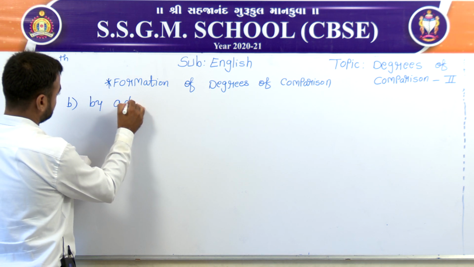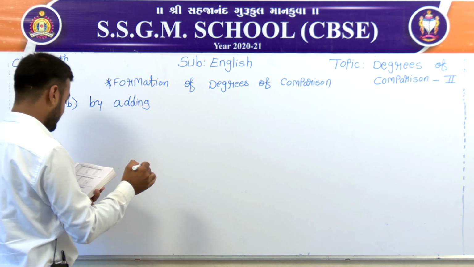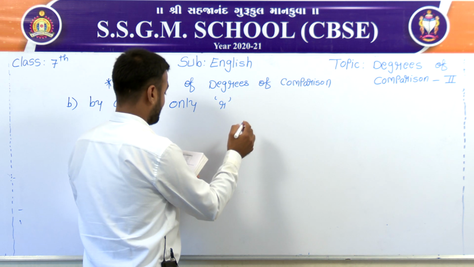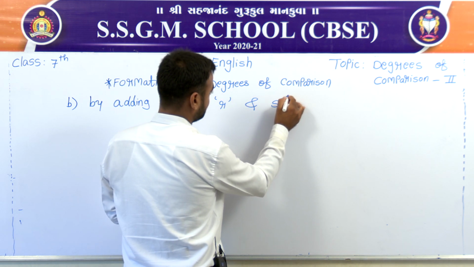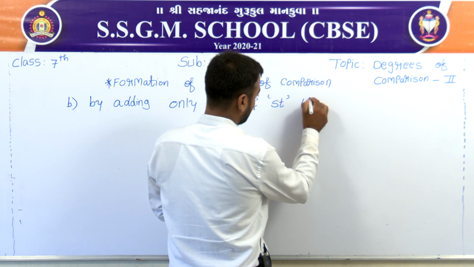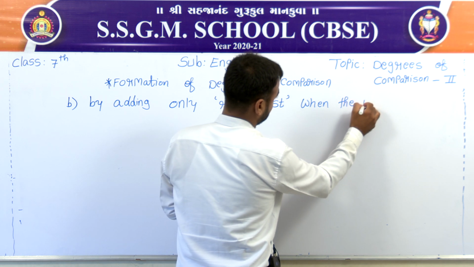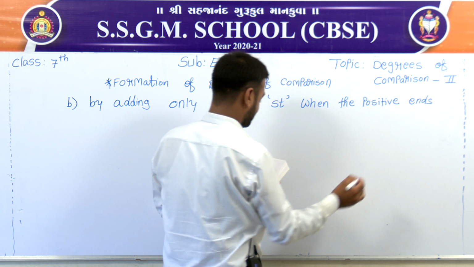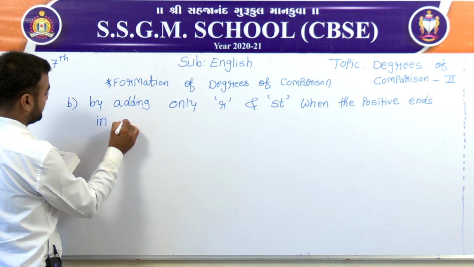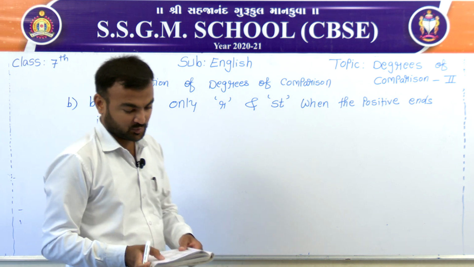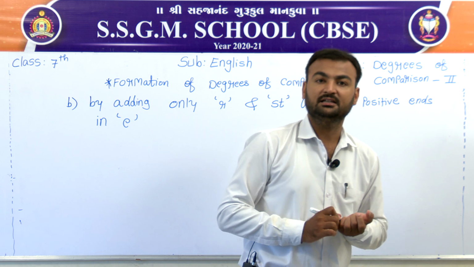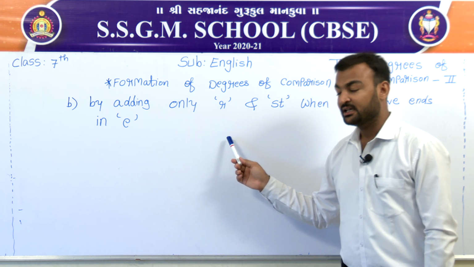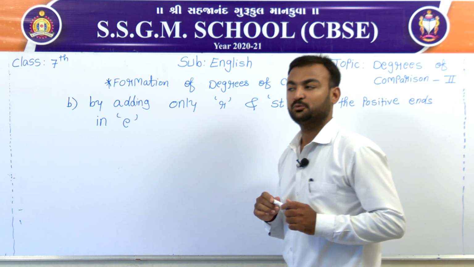By adding only R and ST when the positive ends in E. That means when the positive degree ends in E, at that point of time we have to add only R to the comparative degree and ST to the superlative degree.